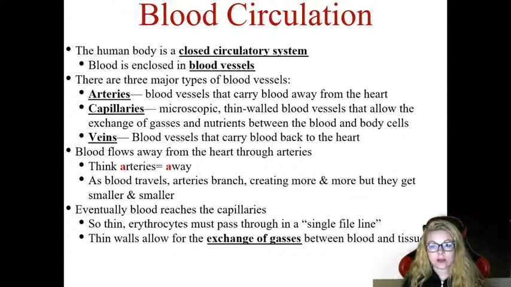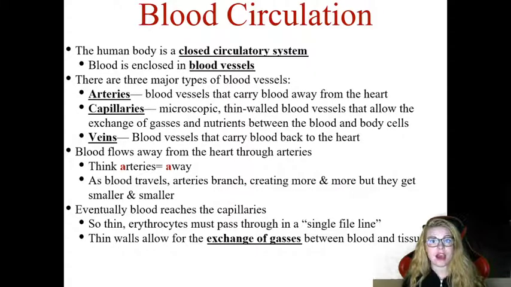And so as blood travels, the arteries branch, and they continue to branch, creating more and more, but they get smaller and smaller. And eventually, as they get so small, they become the capillaries, and they reach these capillaries, which are so thin that the erythrocytes, which we talked about in depth in previous videos, which you know are super microscopic, have to pass in a single file line.